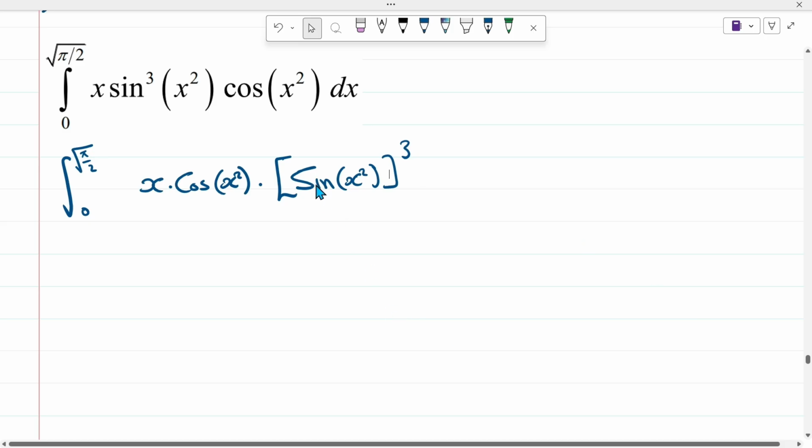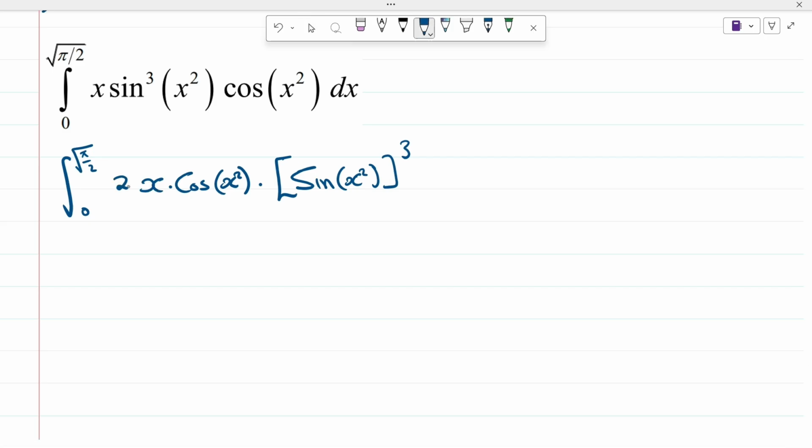If we let sine x squared be the main function, when we differentiate it we get 2x cos of x squared. The only missing thing is a 2, so we need to cook a 2 and multiply by 1 over 2.